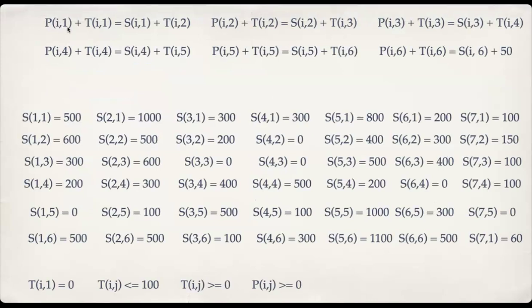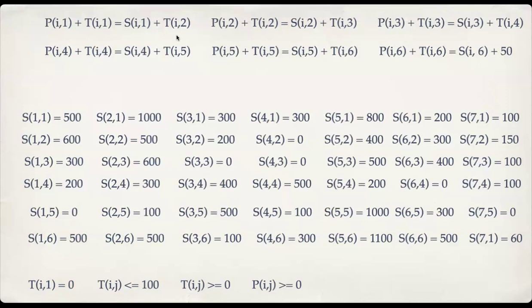the PI1, okay, product I, first month, PI1 plus TI1. TI1 is the amount of product I in the beginning of the first month, equal the amount of product I you sell in first month, plus the remaining.